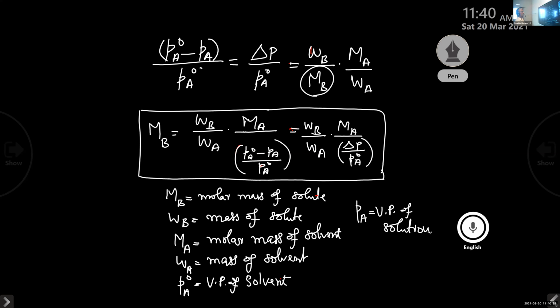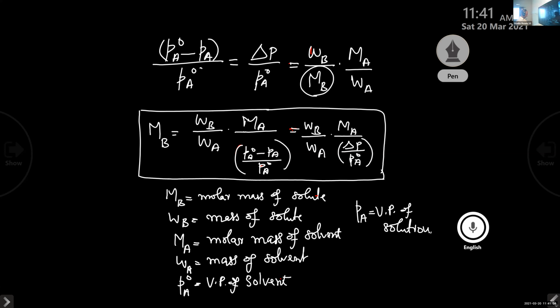And that is the relative lowering of vapor pressure. So from the relative lowering of vapor pressure, we can calculate the molecular mass of a solute. Okay, non-volatile solute. Now this will not be asked. Problems will be asked. So let us try to solve a problem based on this.